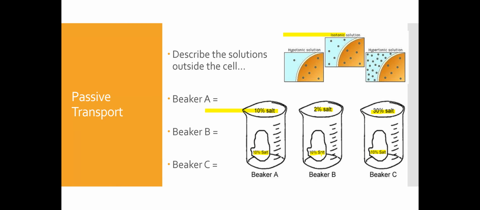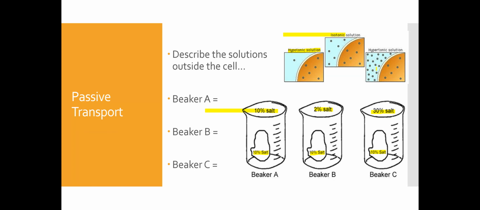Now here we have a 10% salt solution inside the cell, a 2% salt solution outside of the cell. So we're talking about the beakers here. So this beaker would have less solute than the cell, and so this would be a hypotonic. And then over here we have a 30% compared to a 10%. 30 would be more.